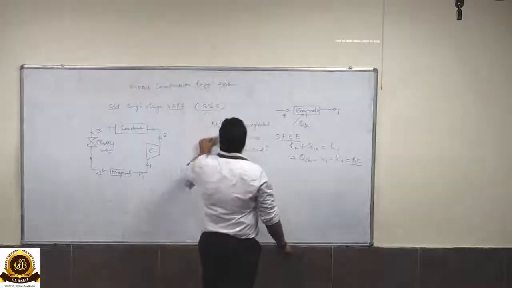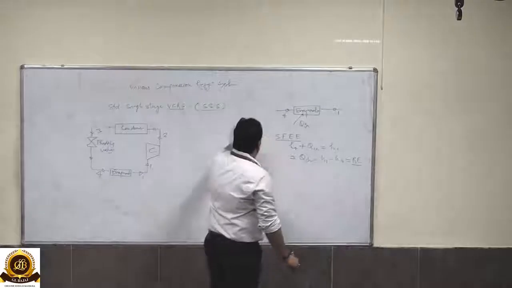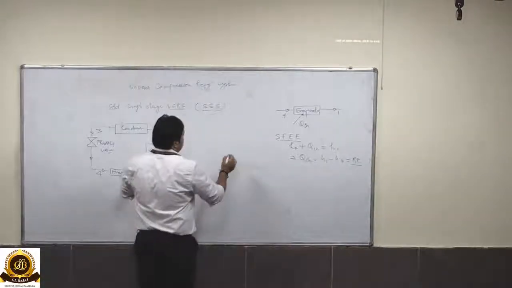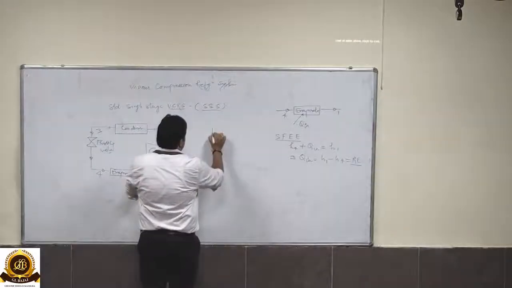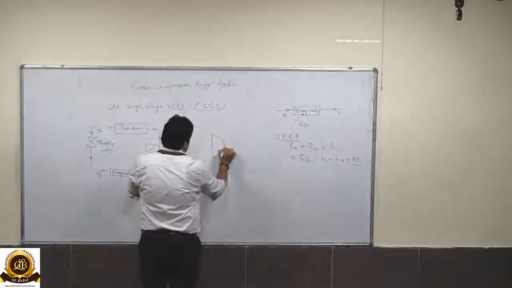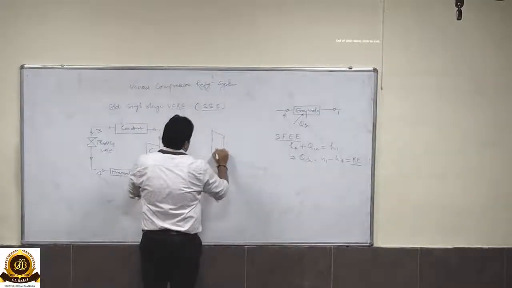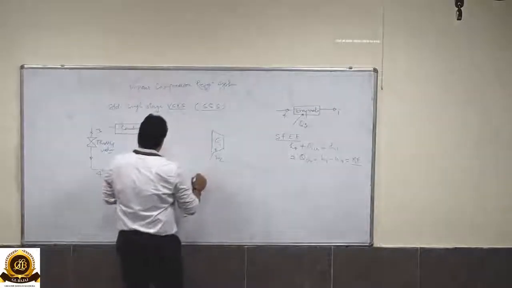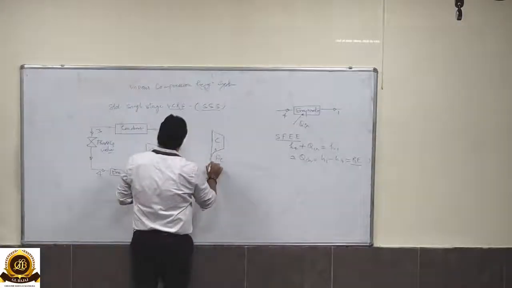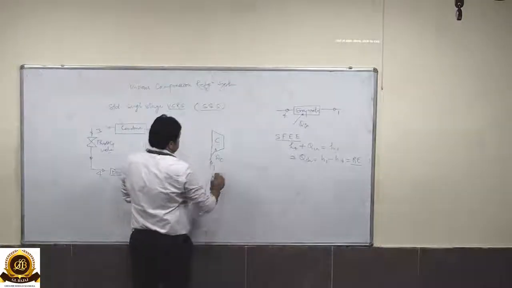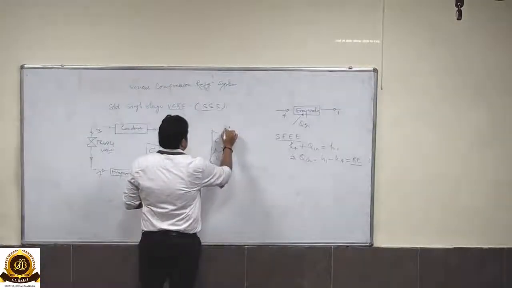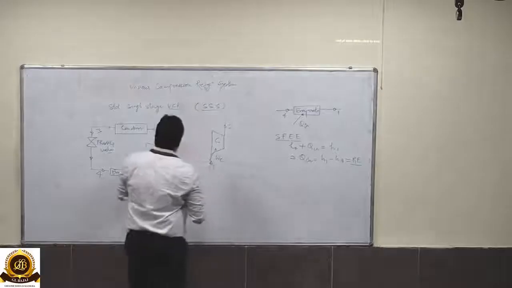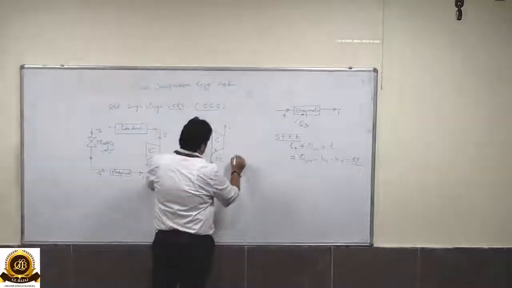Now if we apply the steady flow energy equation to the compressor, the work is given as an input into the compressor, while the stream which is entering is stream 1 and which is getting out is stream 2.